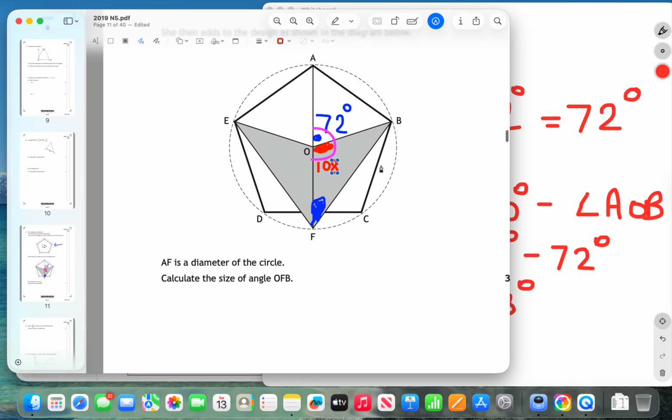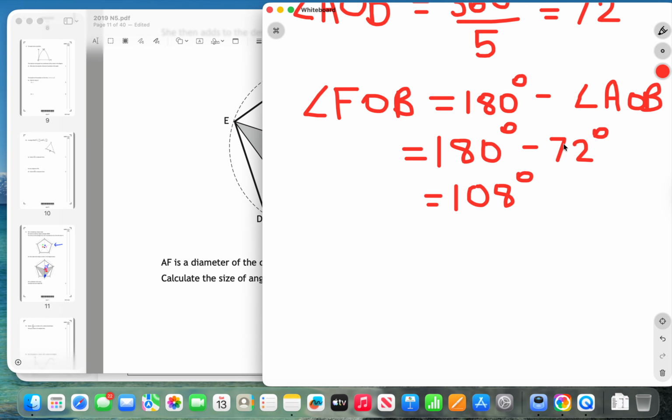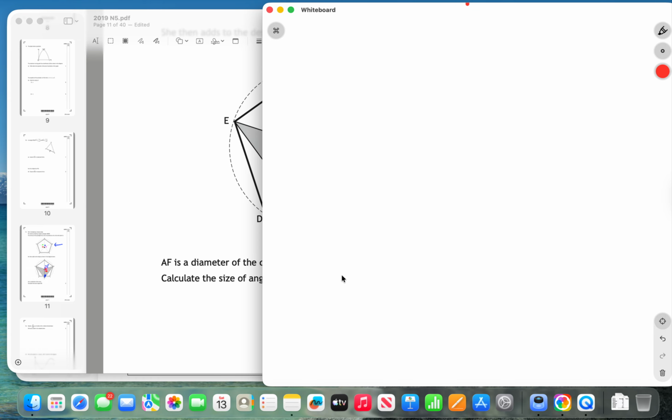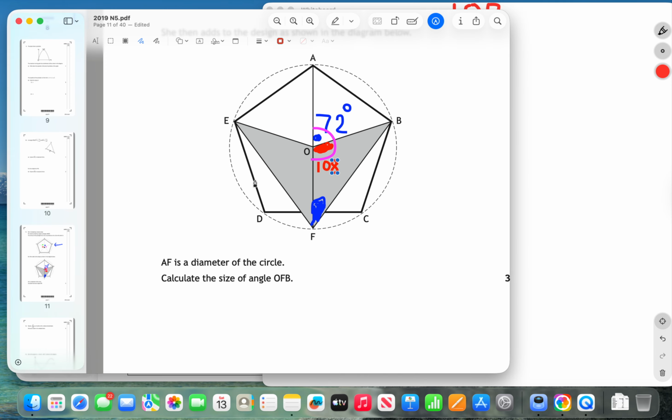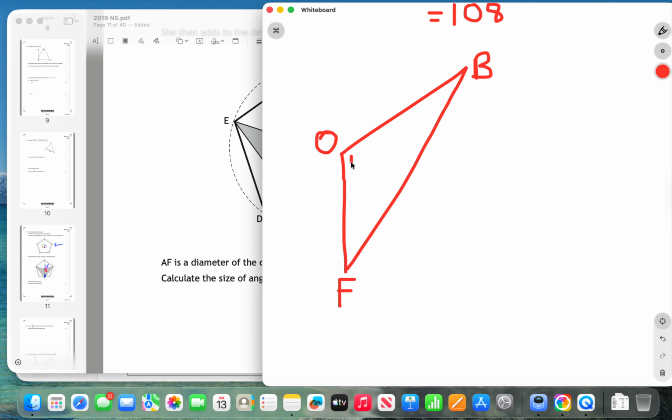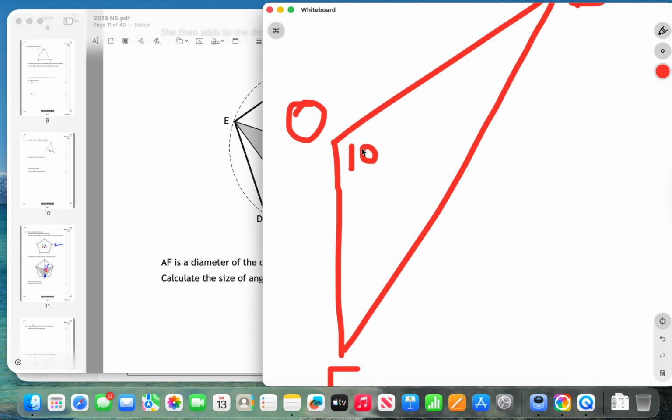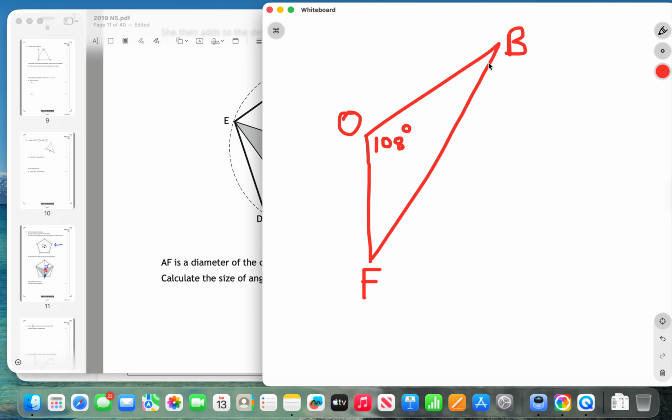So we have the triangle FOB. Now let's have a look at just FOB. So it's this, and we have that O is 108 degrees. The total of the angles in this triangle has to be 180, like any triangle.